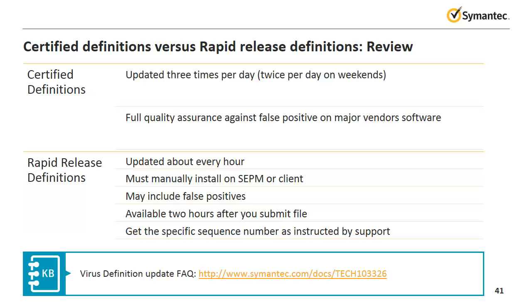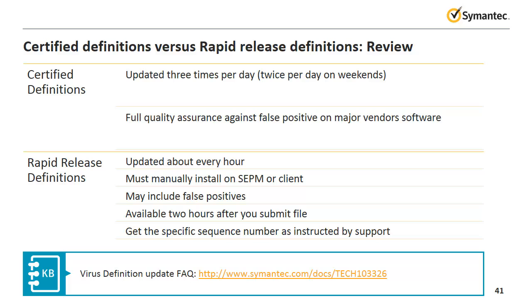Rapid release virus definitions have undergone basic quality assurance testing by Symantec Security Response. The primary focus of these definitions is the quick detection of newly emerging threats, and they may be augmented later with more robust detection capabilities.